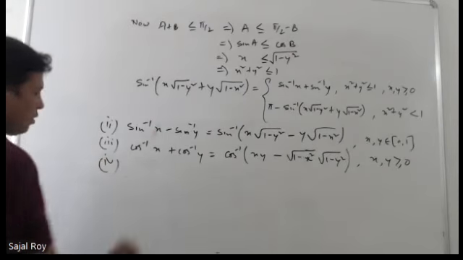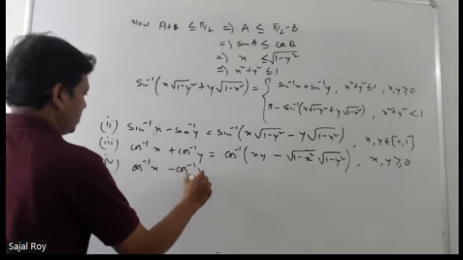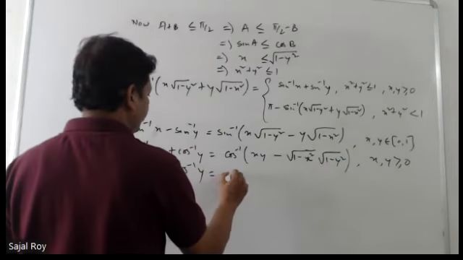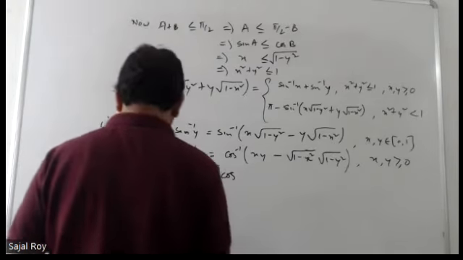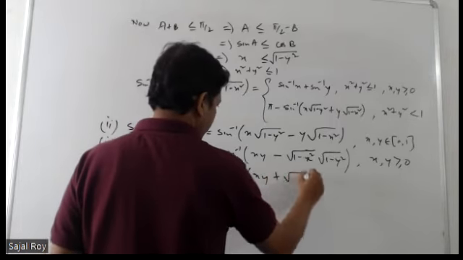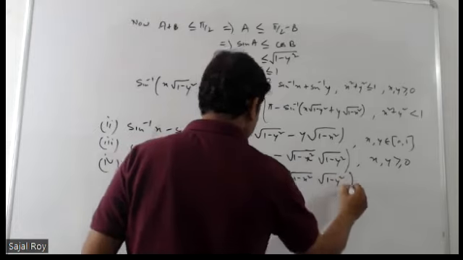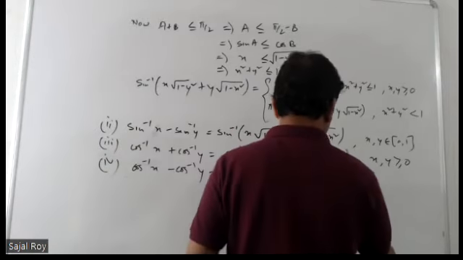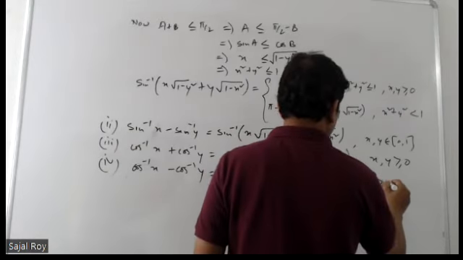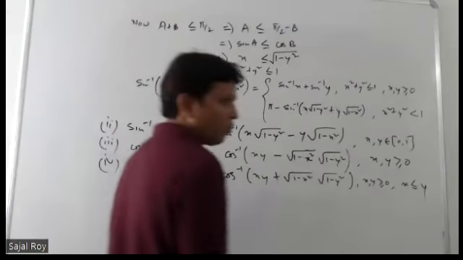Number 4, cos inverse x minus cos inverse y is equal to, you have two parts in this case, plus, right? x less than or equal to y.